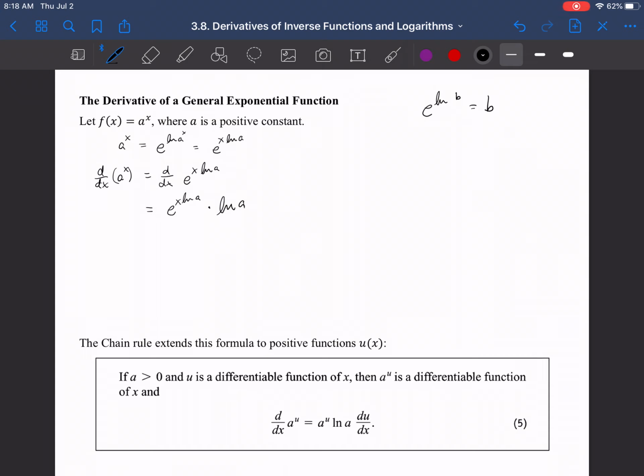Because the x becomes 1, and the natural log of a is a positive constant. And so what we can do then is switch this back, so it becomes e to the ln of a to the x times ln of a, and then e to the ln of a to the x is just a to the x. So this becomes a to the x times ln of a.